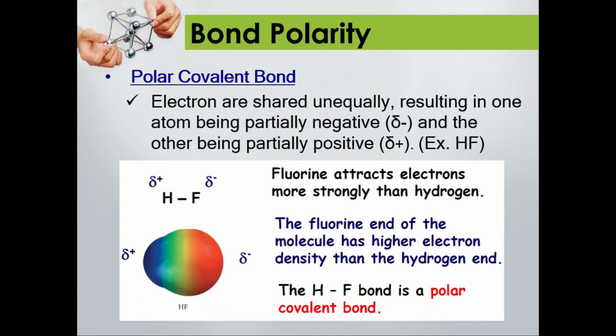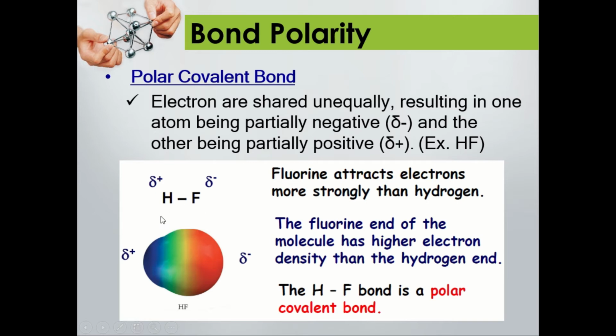Going back to our polar covalent bond, we have an example, hydrogen bonded to fluorine. Why does it have partial charges? It's because the sharing of electrons is not equal. Why is it not equal? Because of the difference between the values of the electronegativity.